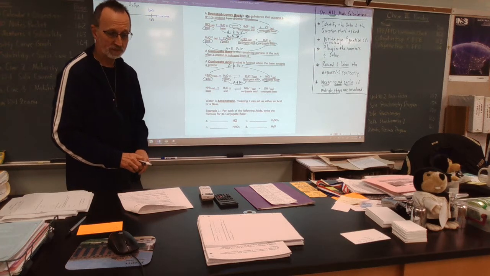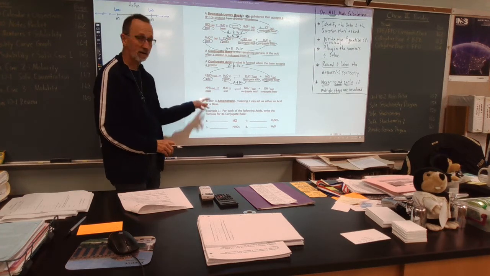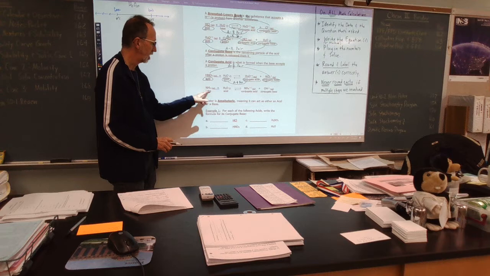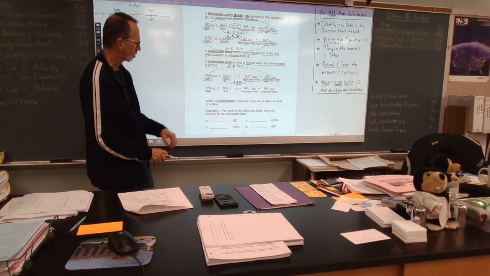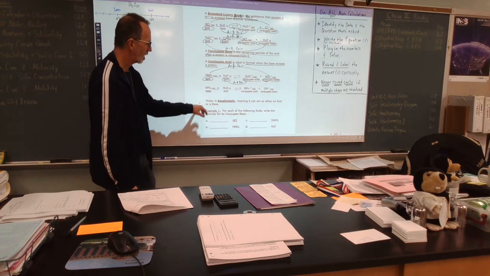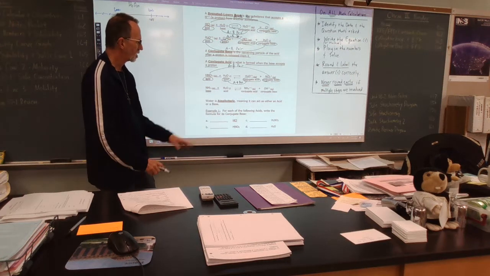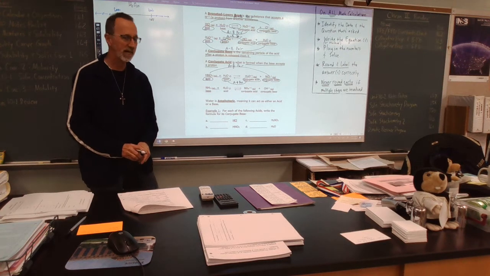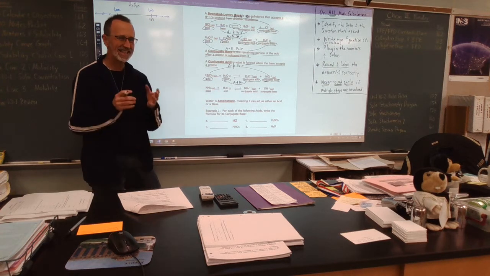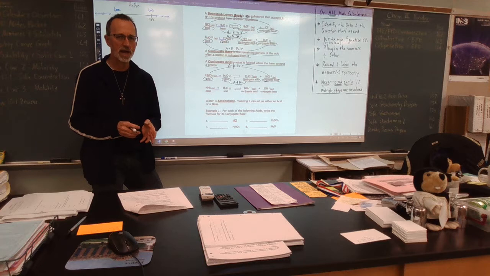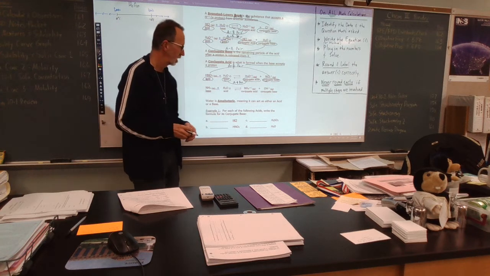Here's another reaction. This involves the base ammonia, where aqueous ammonia reacts with water. So how do we know ammonia is a base? Well, look what happens to it. Remember, a base accepts a hydrogen ion from an acid.